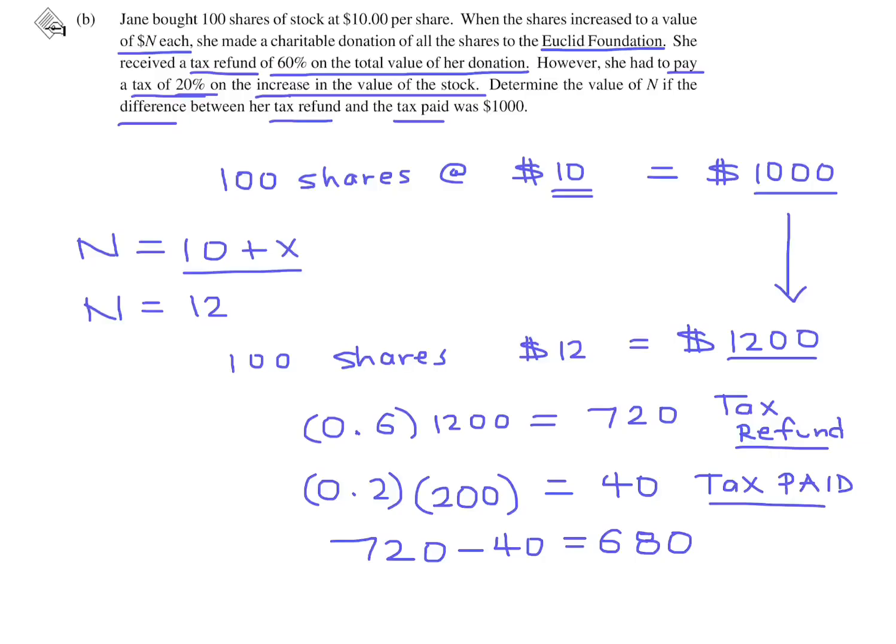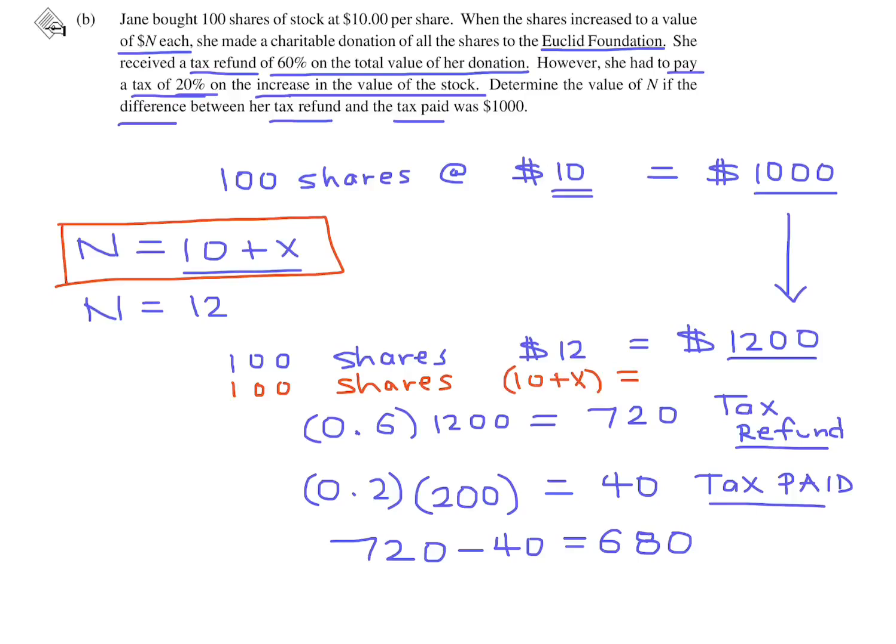And I'll keep what I've written so that you don't get confused. Now, let's go with N is equal to 10 plus X. So if N is equal to 10 plus X, you now have 100 shares at 10 plus X per share. So that means the total value is 1,000 plus 100X.